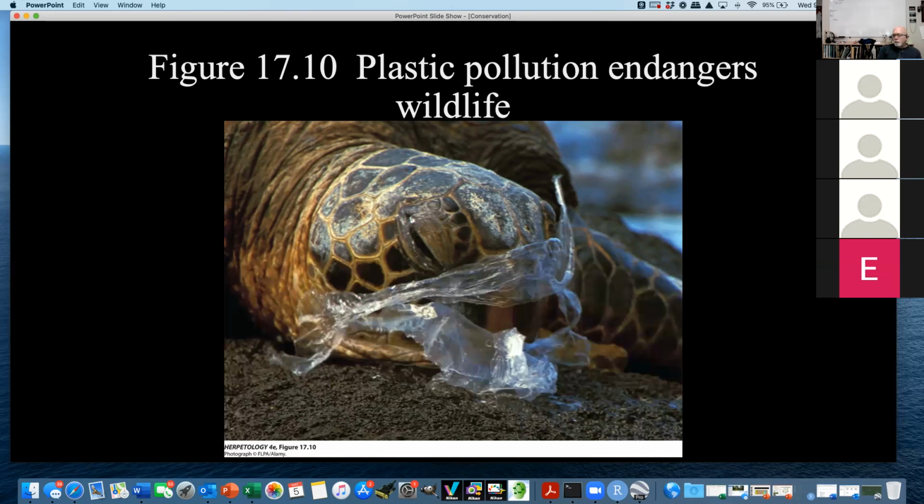Sea turtles will oftentimes be feeding on jellyfish, and so when you see a plastic bag in the water, it kind of resembles a jellyfish, and they will go in and eat the plastic bag, thinking that they're eating a jellyfish. And so some groups, because of their foraging behavior, are more prone to problems from things like pollution than other groups are.